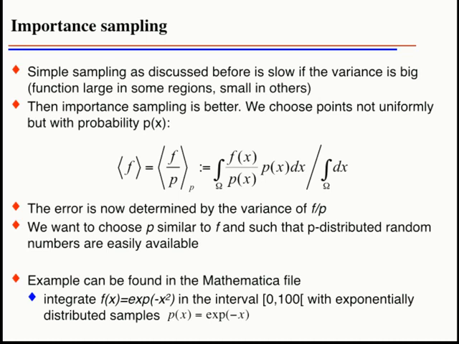What I was describing to you previously, just taking random points, is called the simple sampling of Monte Carlo. But the problem is that if the variance of the function is big, let's imagine we have a function that is almost 0 and just goes up a lot in a small region.